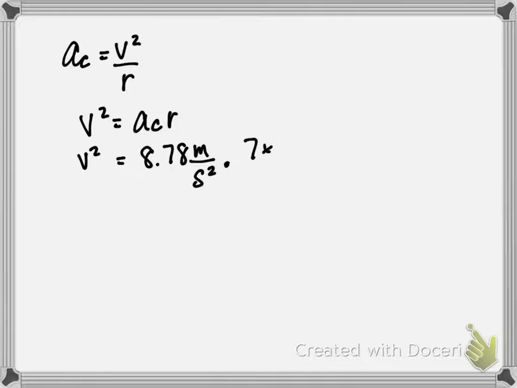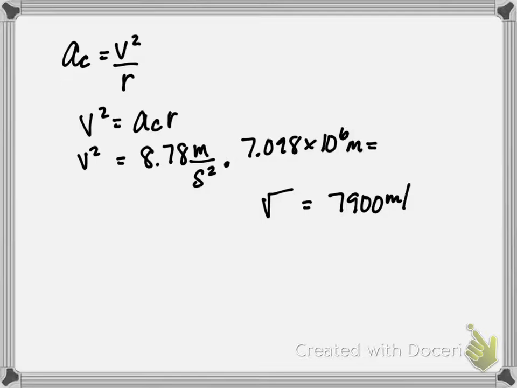Our radius is 7.098 times 10 to the 6 meters. You can see from the units, I'm going to get meters squared per second squared, which is what I want. Because when I take the square root, I'm going to get 7,900 meters per second for my orbital speed for this satellite, 7,900 meters per second.